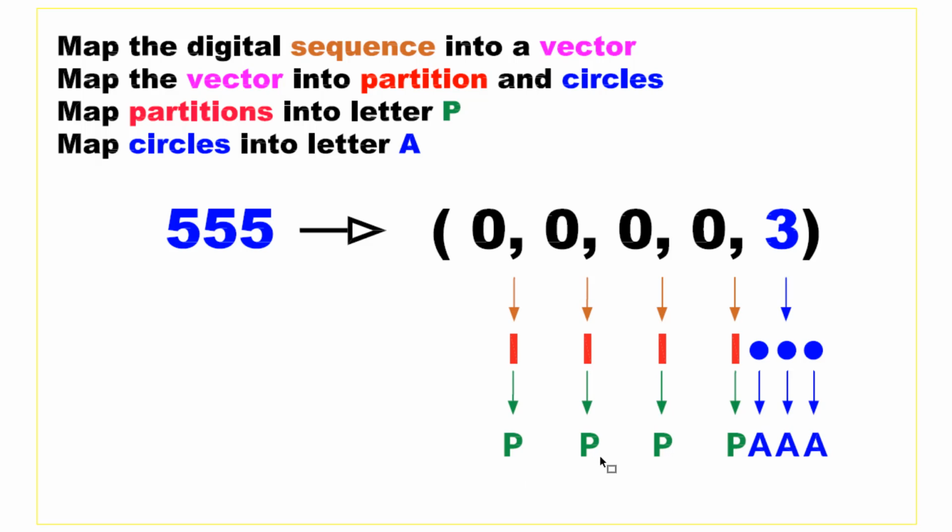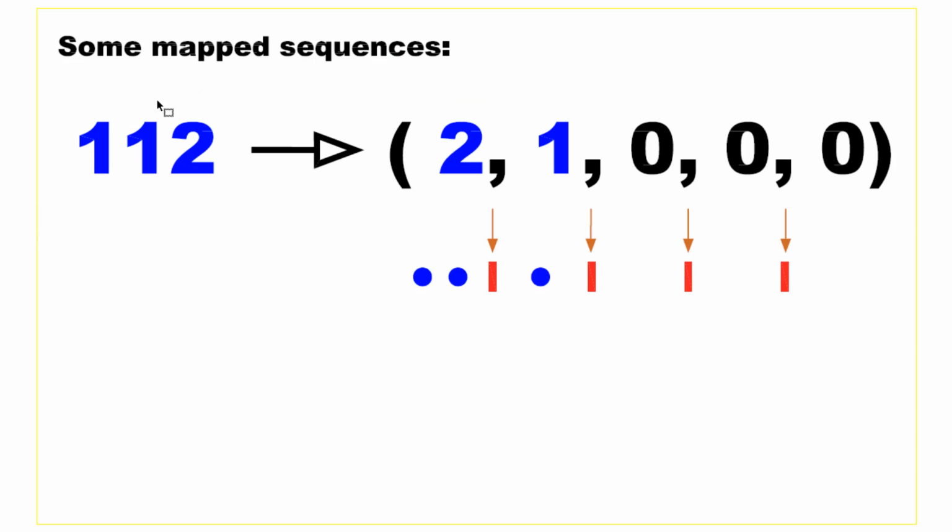So we have 1, 2, 3, 4, 5, 6, 7, and this word has 4 identical letters and 3 identical letters.